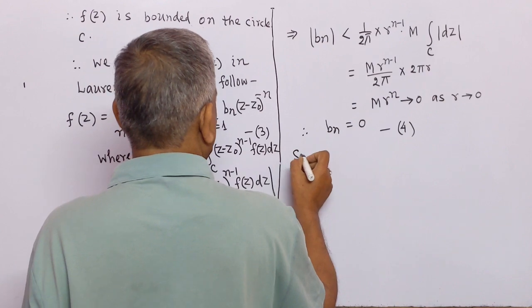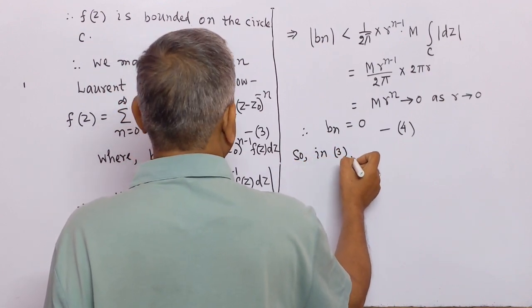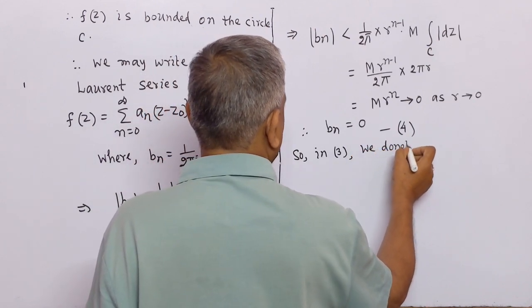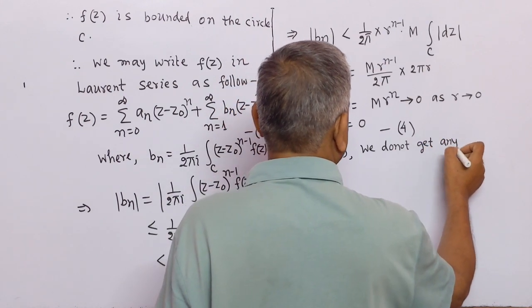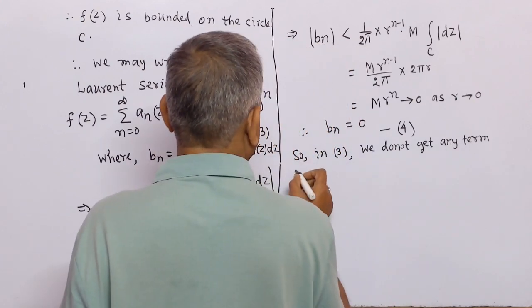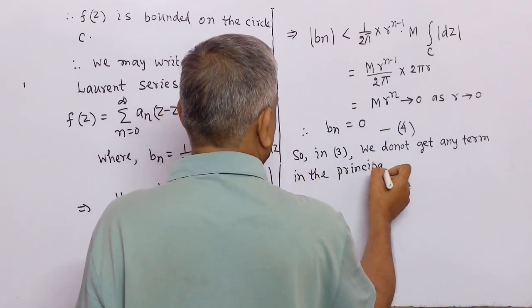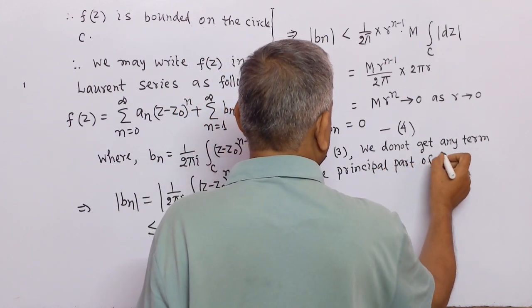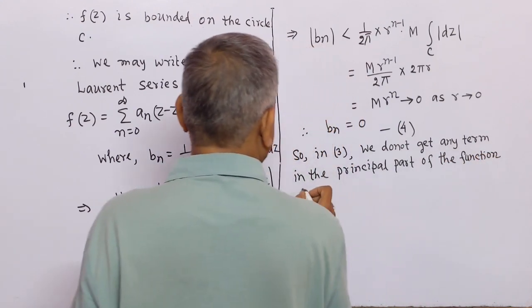So, in theory, we do not get any term in the principal part of the function f(z).